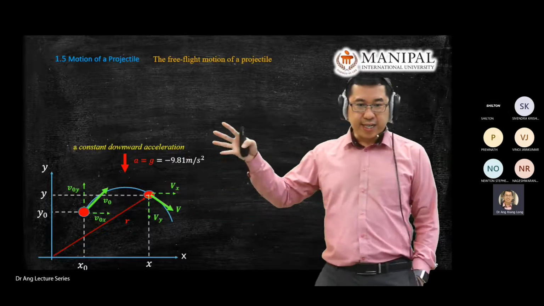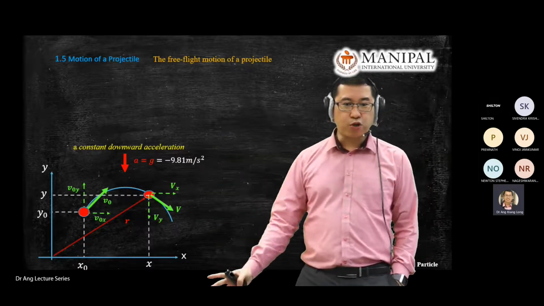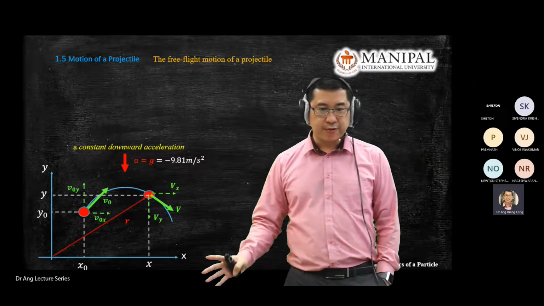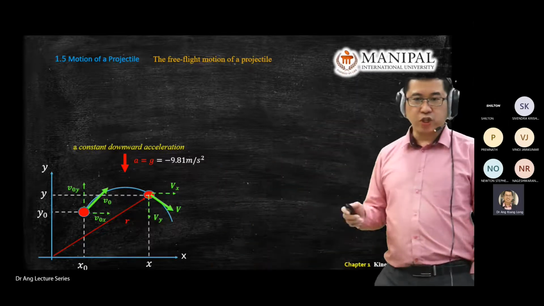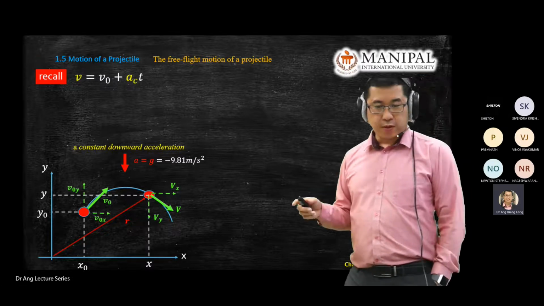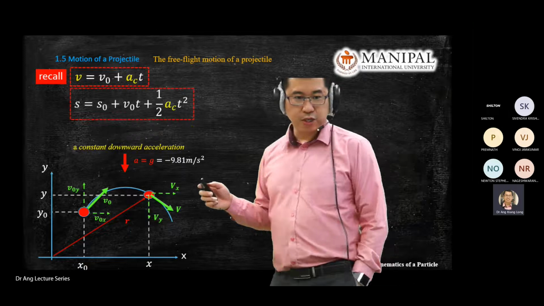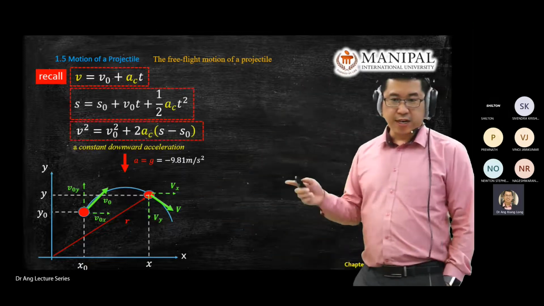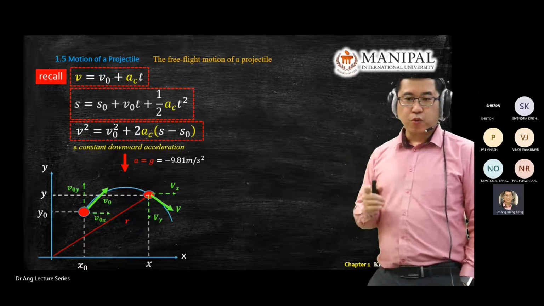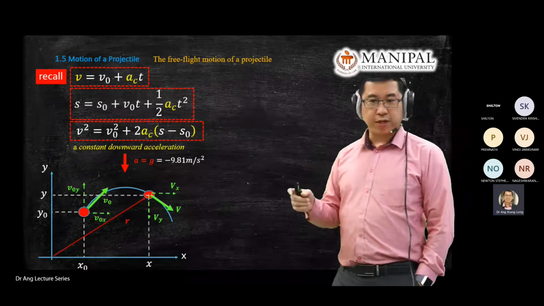So we discussed just now how you construct this fundamental graph. Let's move into equations. Recall that we have three equations that we discovered, also known as the Newton motion equations.